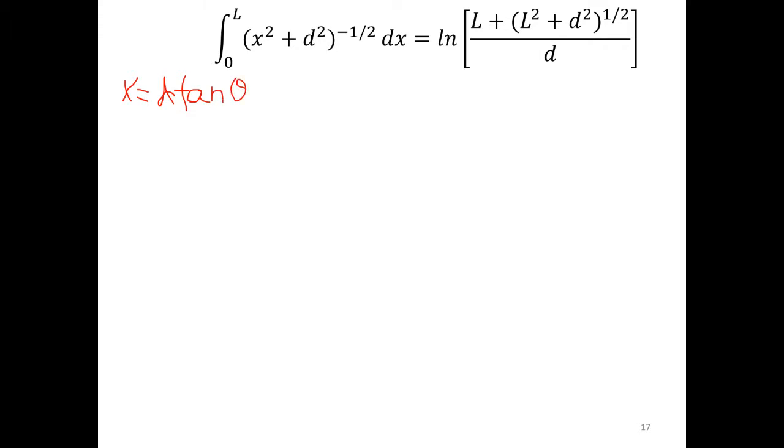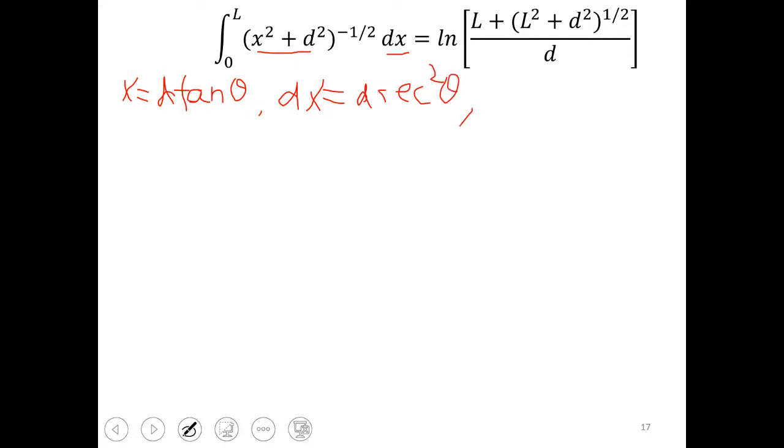Because you have a term x squared plus d squared, you need to define x to be d tangent theta, so that you have the term 1 plus tangent squared. So dx will be d secant squared theta d theta, and x squared plus d squared will be d squared secant squared theta.